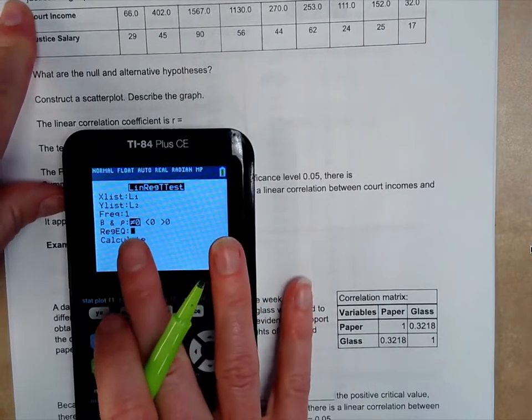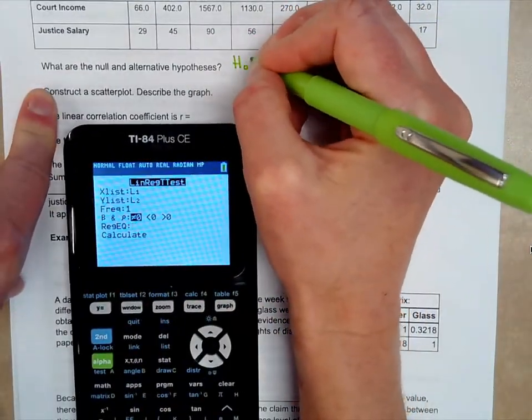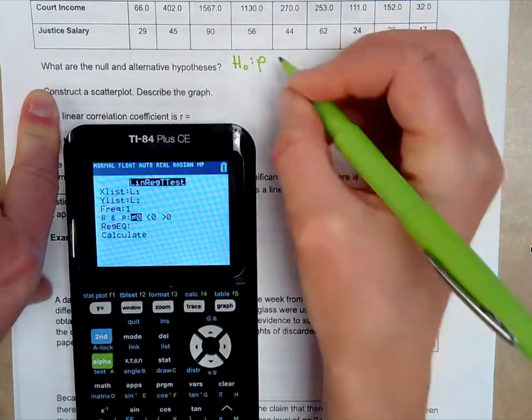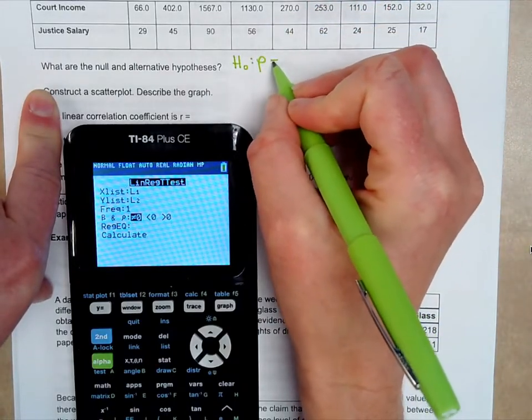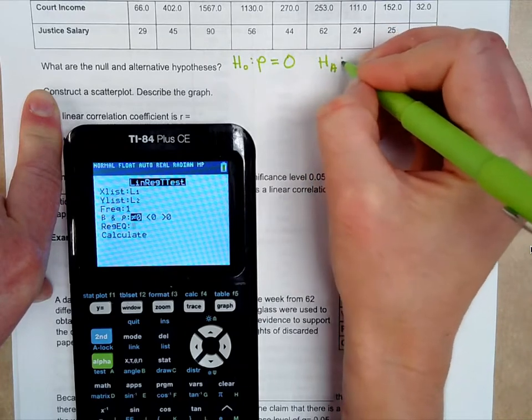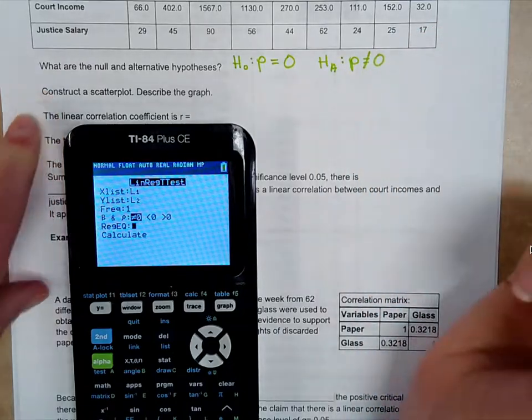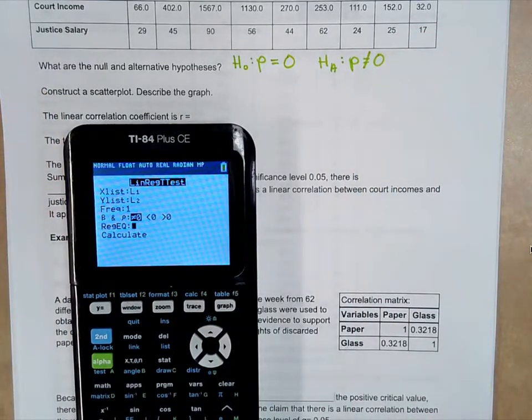So we're using the two-tailed test where we're going to say not equal. So our null hypothesis is that value equals 0, and then our alternate, that value does not equal 0. So it's that two-tailed test.